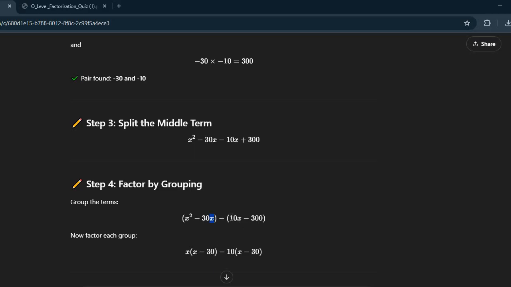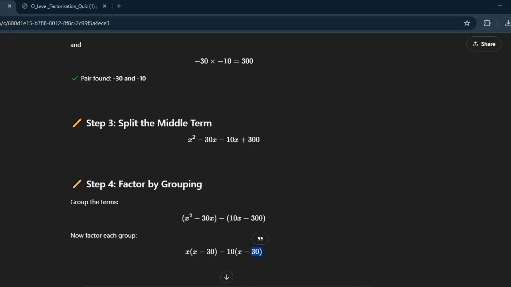Now in this second part you see that x is in the first term only, so you cannot take x because there is no x with 300. So what is common? 10 is common, because 10 times 30 is 300, so I will take 10 outside, and then x minus 30. Now these are the factors we have.